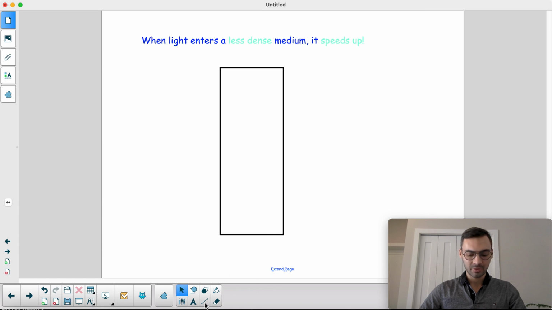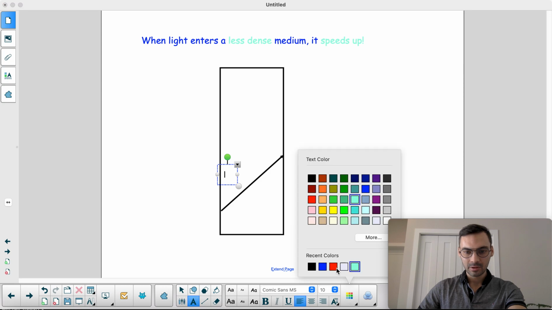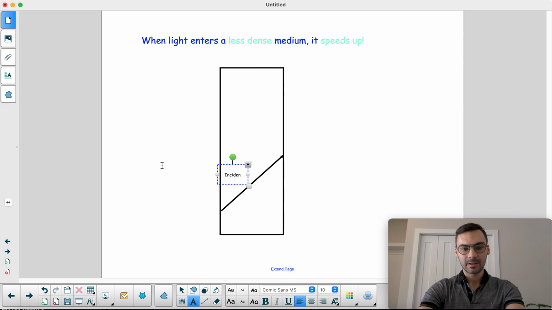So let's actually draw from the glass our starting ray. Bonus points if you can remember the name of your first beam of light, where light is coming from. Let's go just regular black. This is our incident ray.